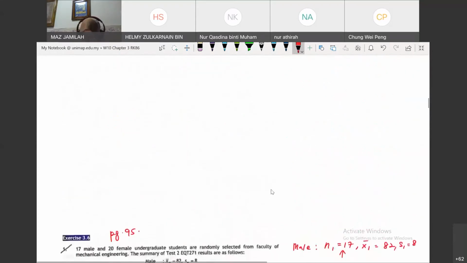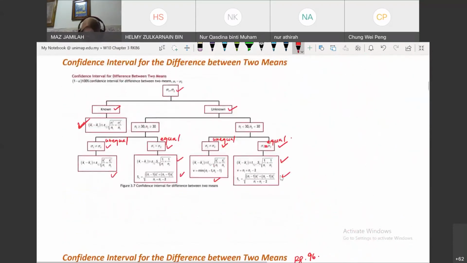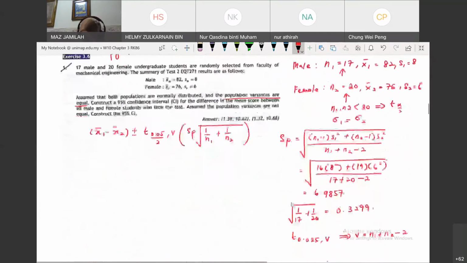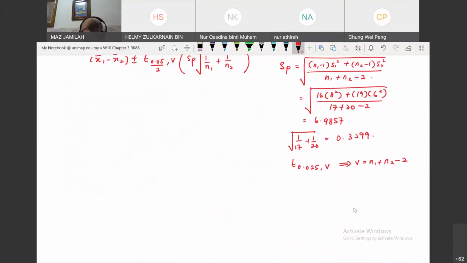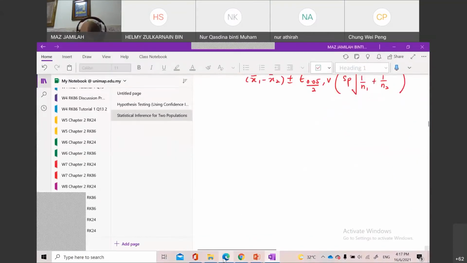So look at your condition just now. So your v would be n1 plus n2 minus 2. So in this case, your v is equal to 35, t 0.025, 35. So let us check our t-test table.